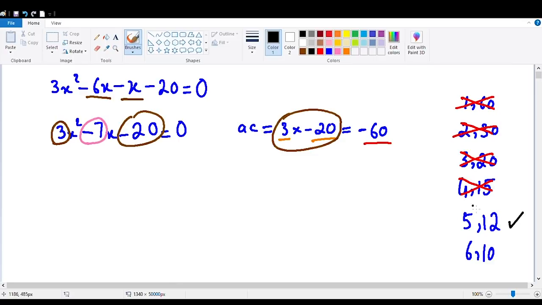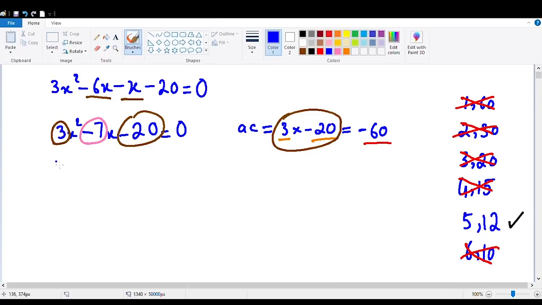And yeah, we can just cross out the other one, 6 and 10, because we don't need it. So we're going to be splitting minus 7x into two terms, which are going to be 5x and minus 12x, because 5 minus 12, that's the one that we chose. That's the one that it's going to work with. It's not going to work with minus 5 plus 12x, because that will be 7x positive.